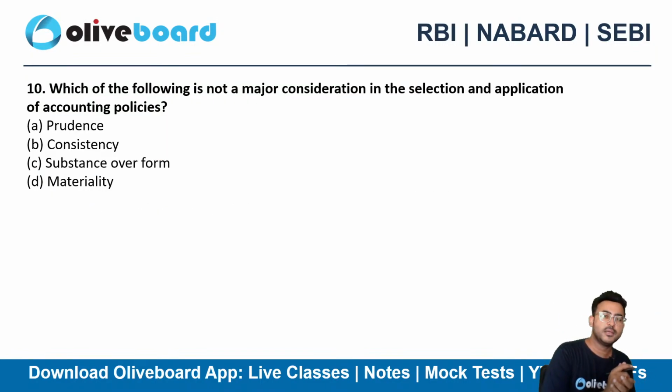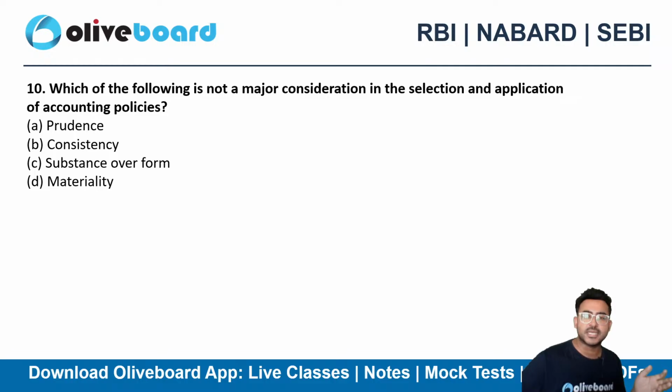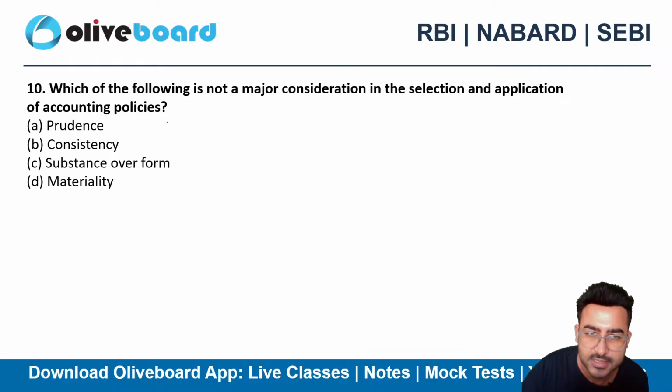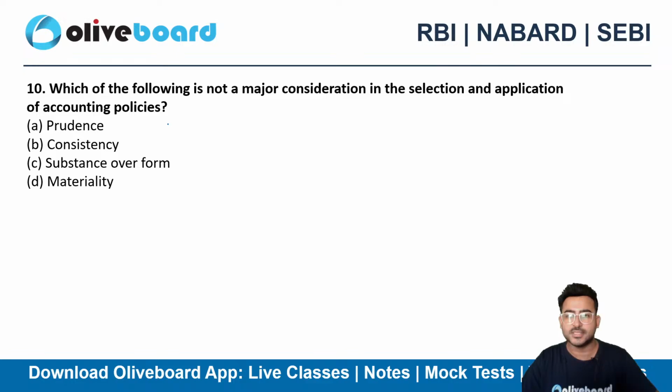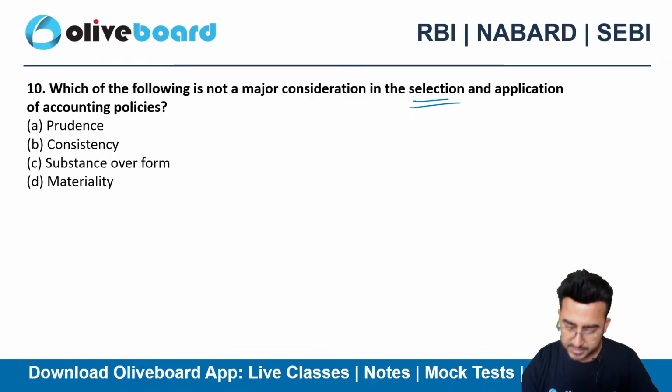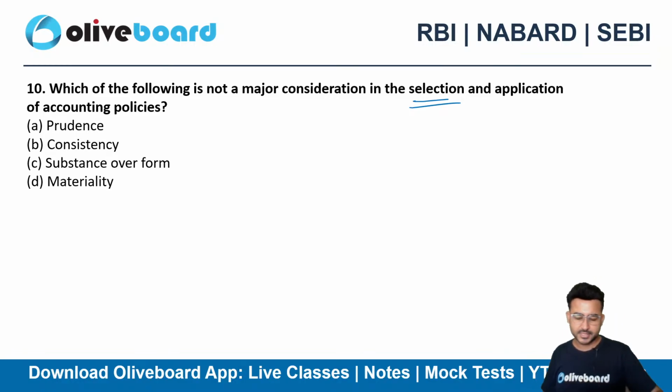Next question, which of the following is not a major consideration in selection and application of accounting policies? If I want to select an accounting policy, then which of the following is not at all a major consideration? Any opinion?